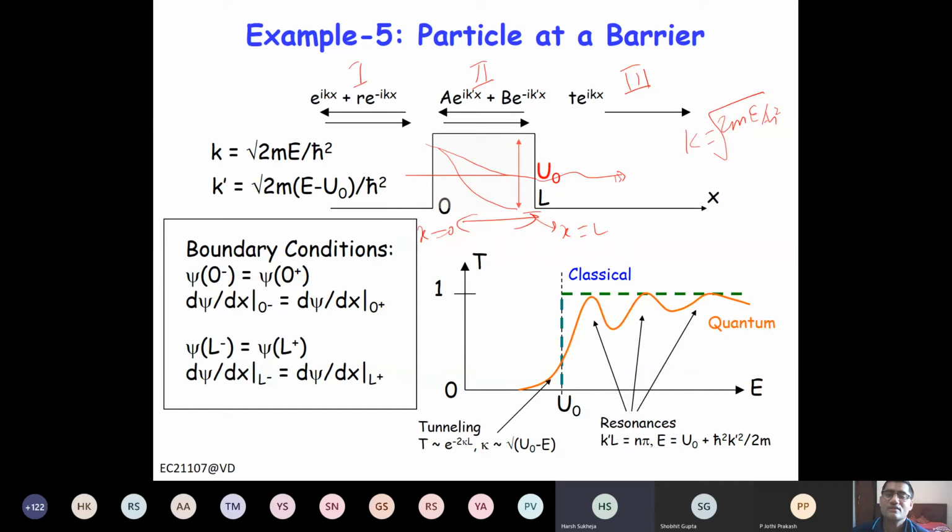No, it is not crossing. What is happening basically? We are assuming this potential is infinite, so it's not a barrier, it's a potential step. For x less than 0, the potential is 0, and for x more than 0, up to infinity, the potential is U naught only. So the electron cannot propagate because the energy E is less than U naught, the potential energy.